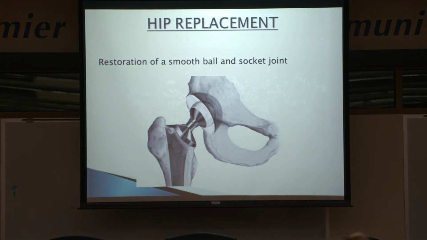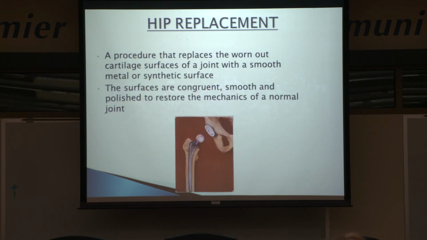Now, hip replacement for hip arthritis. The whole idea is, again, with arthritis you lose that smooth cartilage protection of the ball and socket, and this is an artificial way of restoring a smooth ball and socket. Part of the implant goes down the shaft of the femur.